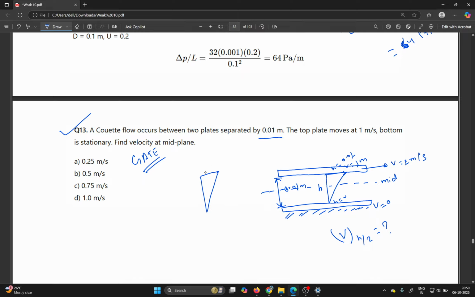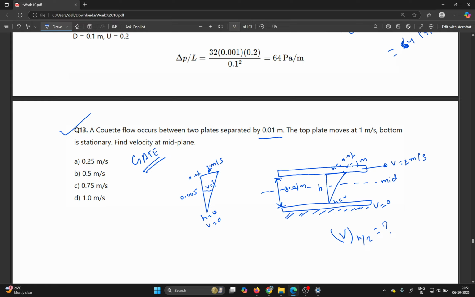So here you have 1 meter per second, and the h value is 0.01. At the middle, 0.005, you have to calculate your velocity, and at h equal to 0, your velocity is also 0.